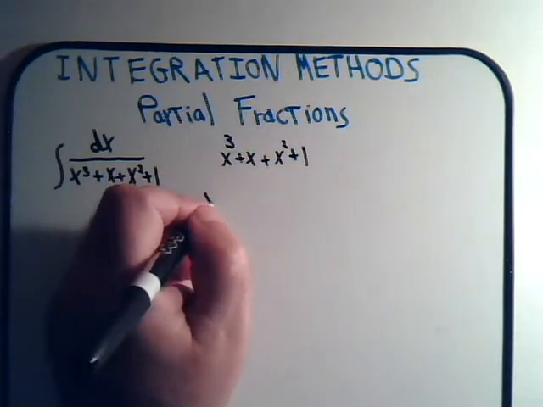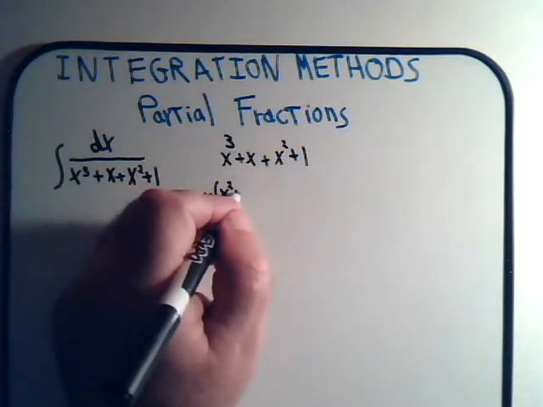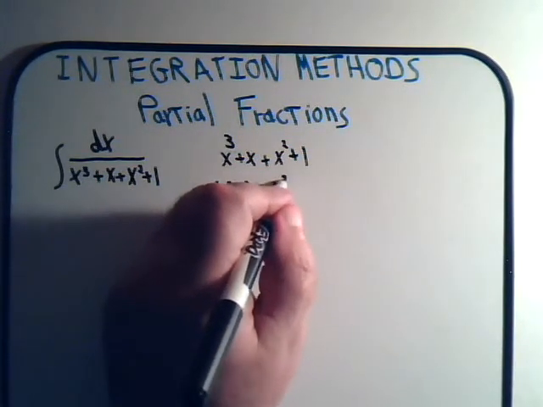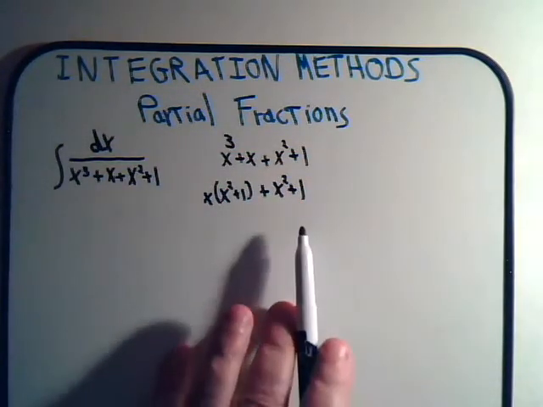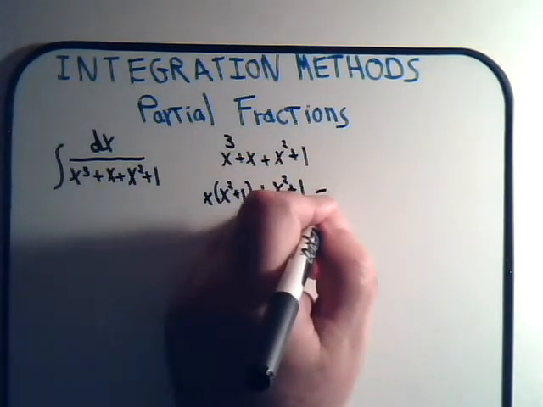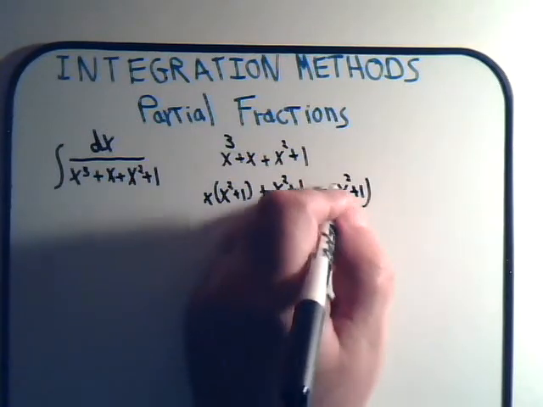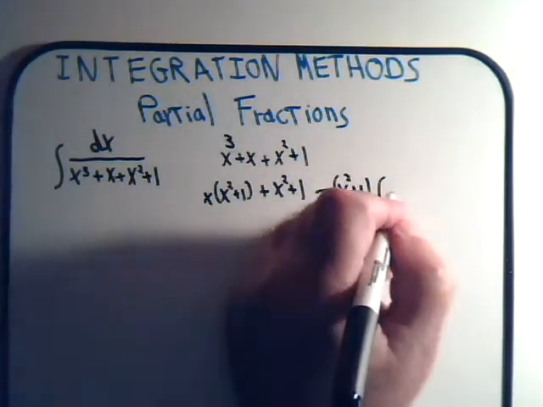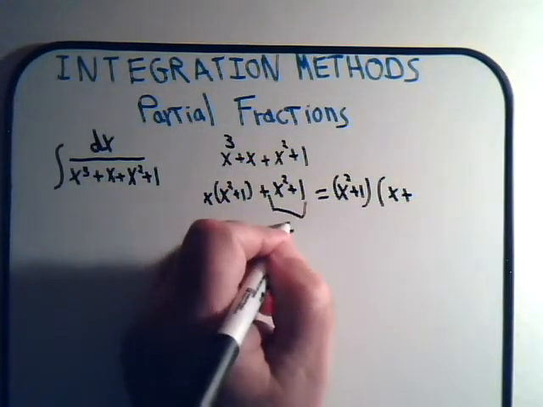We have x times x squared plus 1 plus x squared plus 1. Here we have x squared plus 1, and we have it here, so we can factor that out. That will equal x squared plus 1 times x plus just 1.